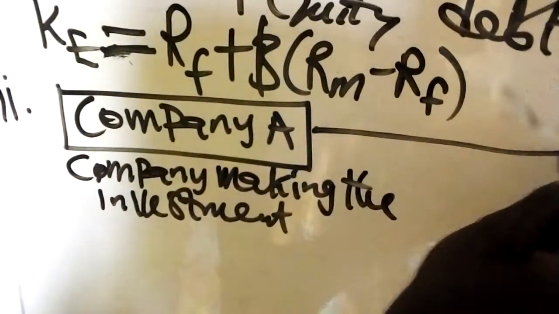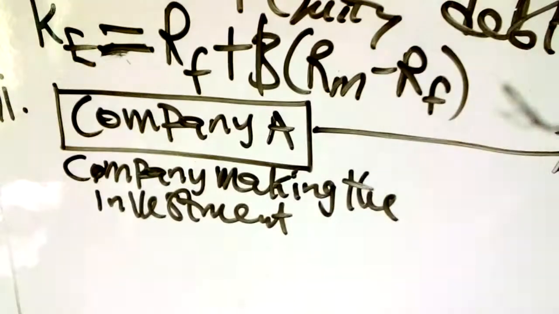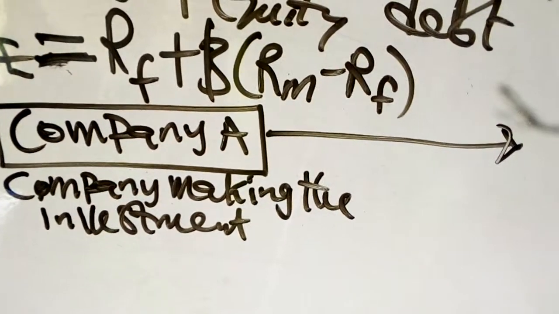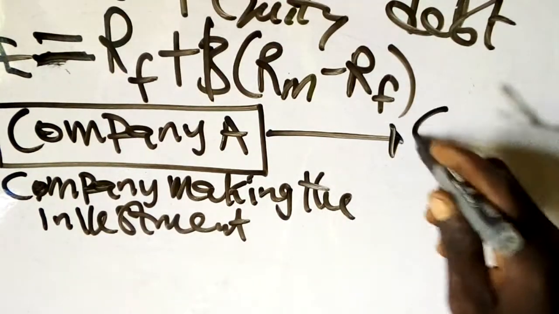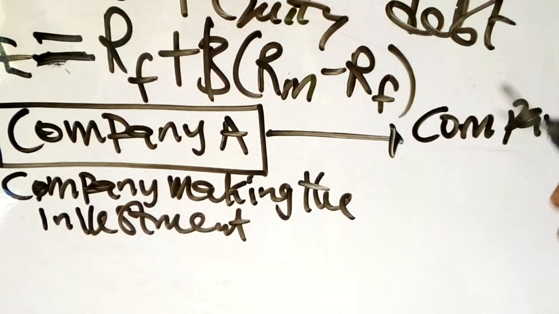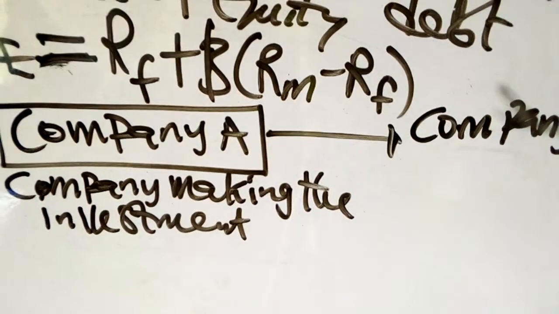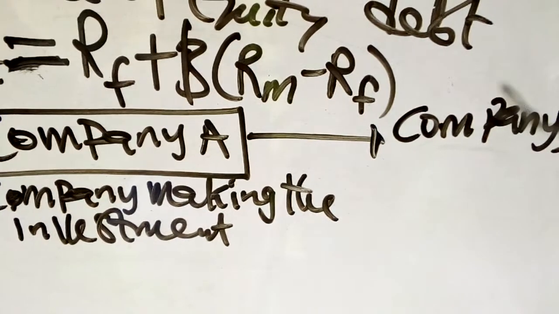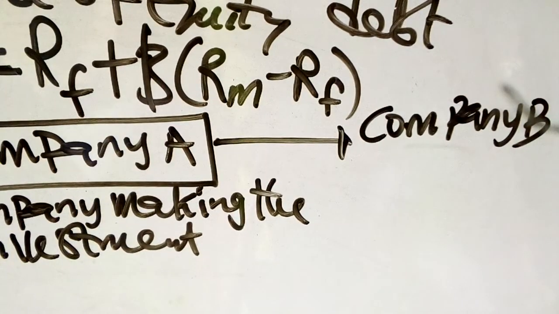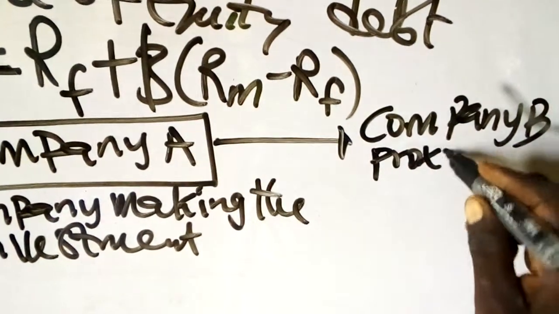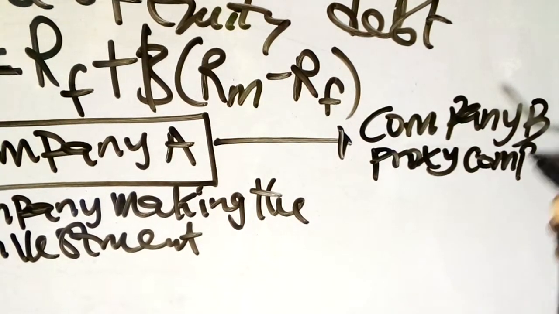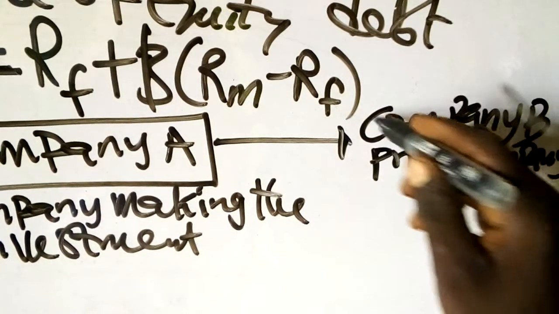Then we also have company B. Company B is the proxy company.